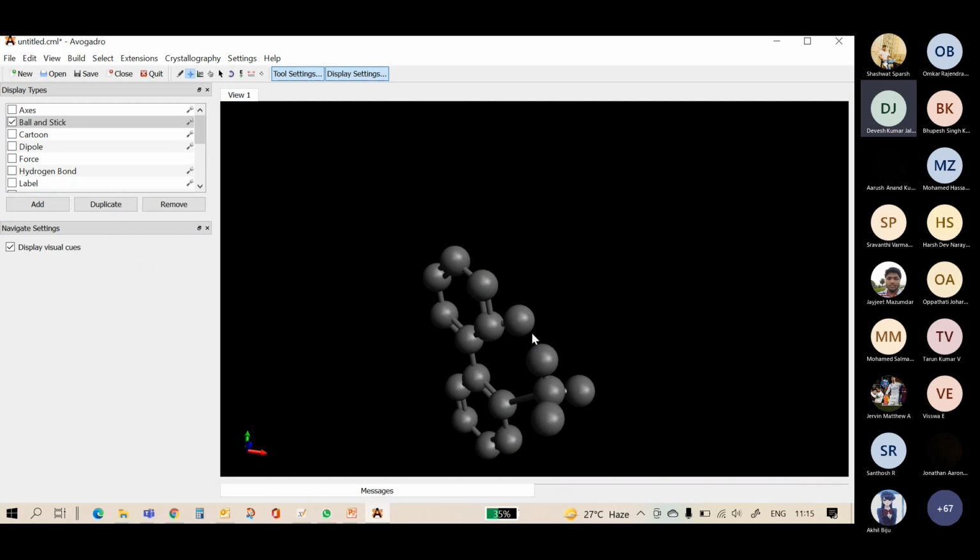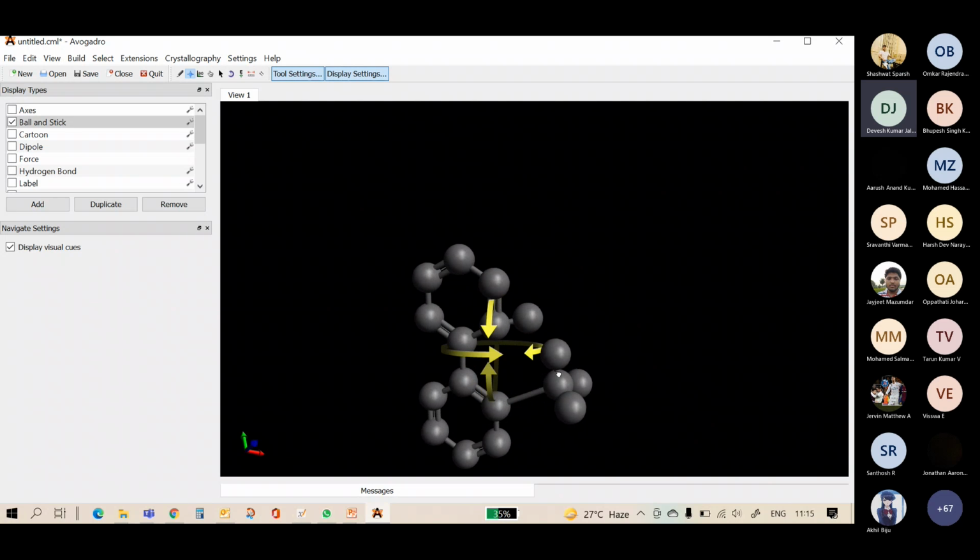So there will be repulsion between these two groups. As a result, most probably this benzene will twist and turn almost 180 degrees, so that this methyl group will come to this side, so that it stays as far away from the tertiary butyl group as possible. Okay, now we don't know what exact conformer it may take, so let's try.